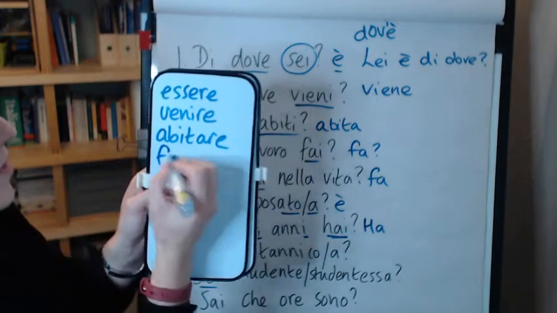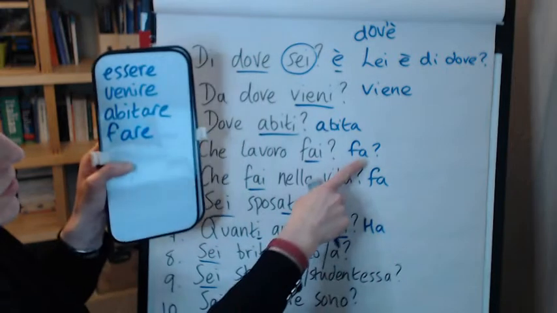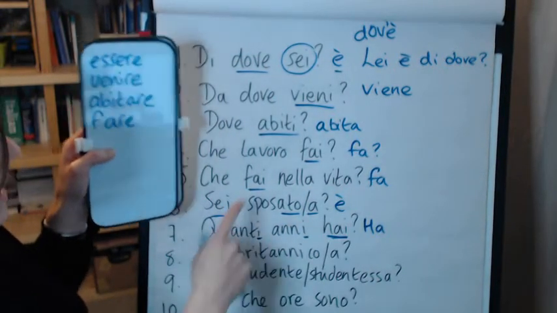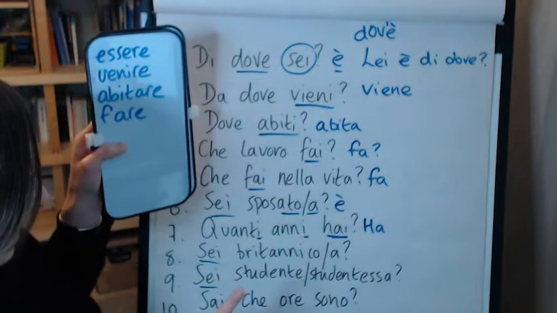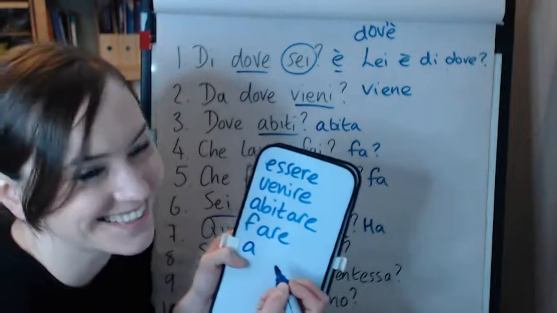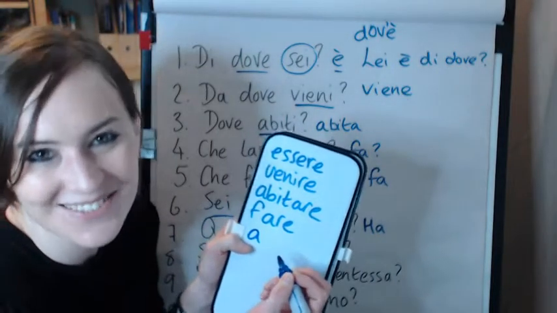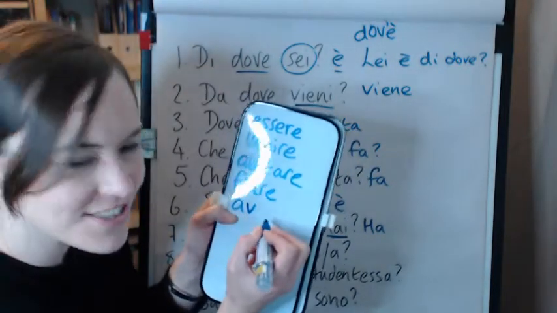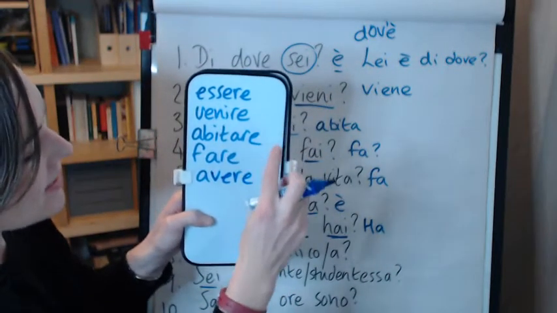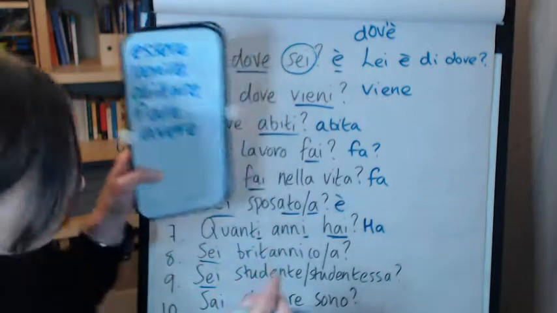Fai is from the verb fare, which goes to fa. Fai again goes to fa. Sei is from essere, that goes to è. It's really hard not to have an Italian accent when I speak English. That was a bit Russian actually, don't know what's going on today. Essere, venire, abitare, fare, avere.